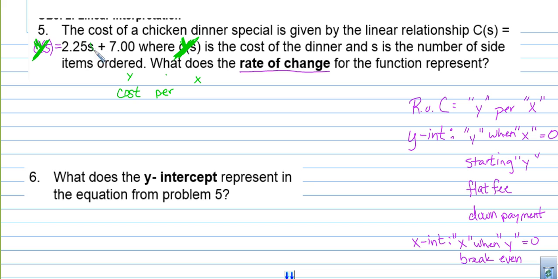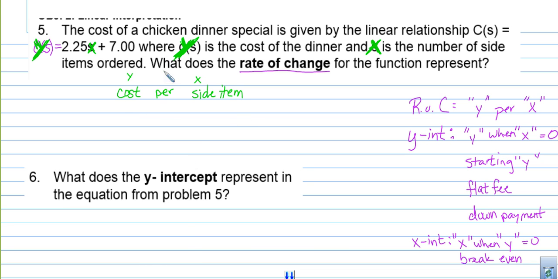Well, x is where the s is, okay? So that means s is our x. It says x is the number of side items. So x is the side item. Okay? So it says cost per side item. That's what it's going to tell us.